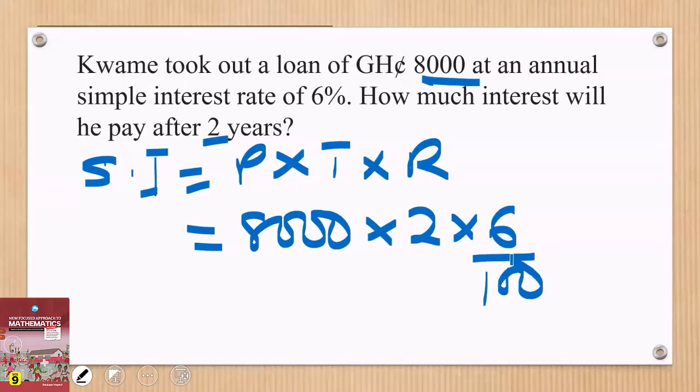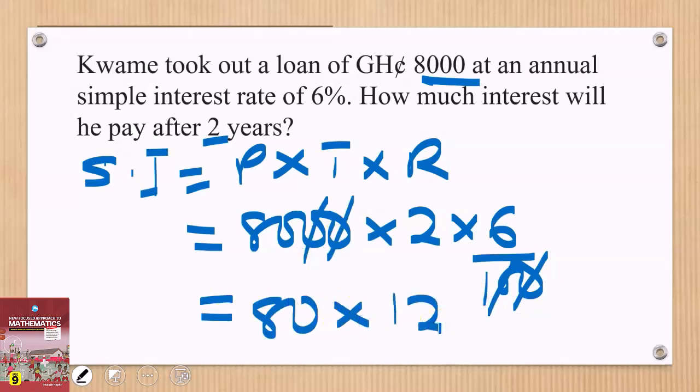Now, once again, we can do simple cancellation here. These 2 zeros can cancel this one. We have our 80 times 12. That's 6 times 2, 12. Now we can multiply 12 by 80. But we can easily do this by saying 12 times 8 alone is 96. Then we attach the 0 to it.